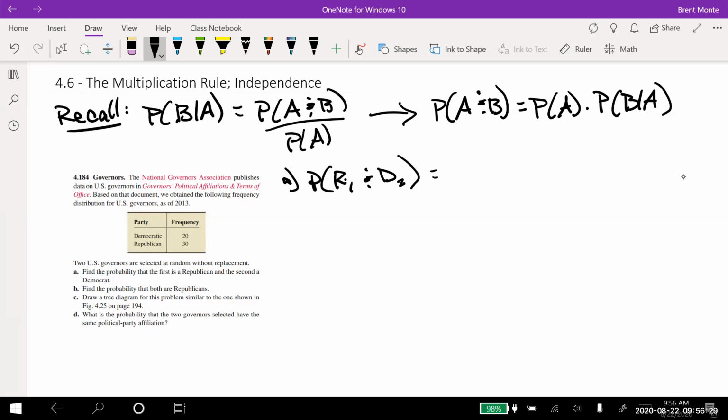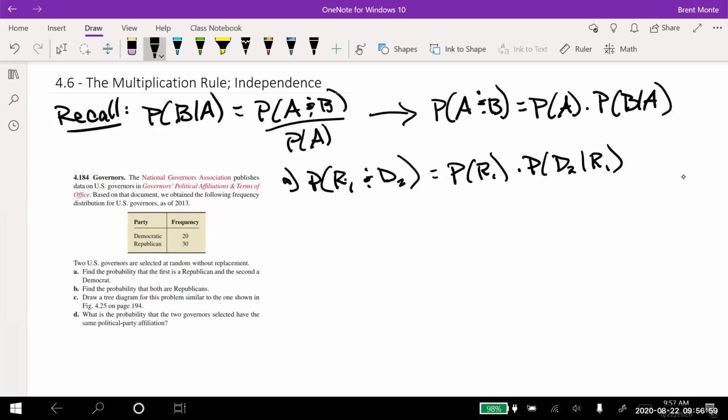This really means if I use that formula we just had here, I'm not going to underline it, or rather I'm going to take that away because I don't want you to think of that as divided by anything. So what I'm going to say is I can calculate this as the probability the first one's Republican times the probability that the second one's a Democrat given the first one was a Republican. And I'll show you how that comes out in this problem.